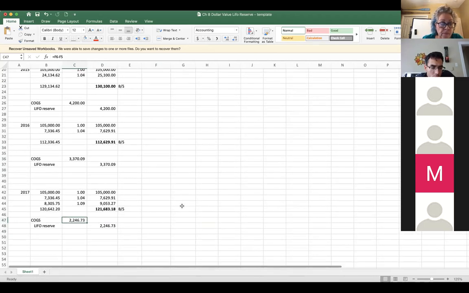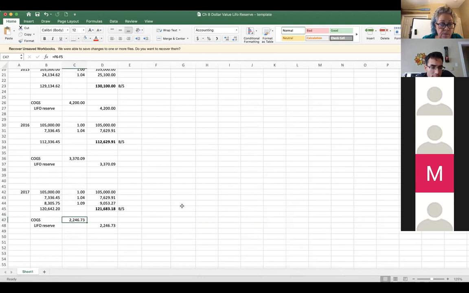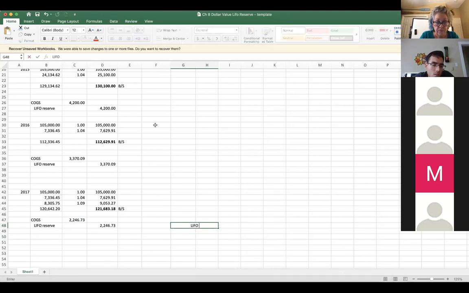Can you explain that number again? This is the part that kind of stumps me. I don't know why. So what do you subtract for the debit to COGS? Okay, let me, all right, I'm going to create a T account.